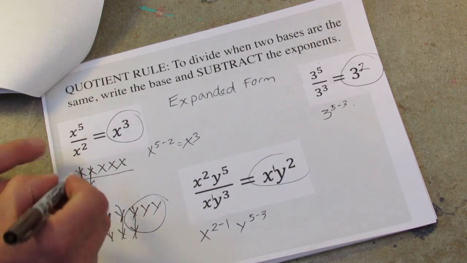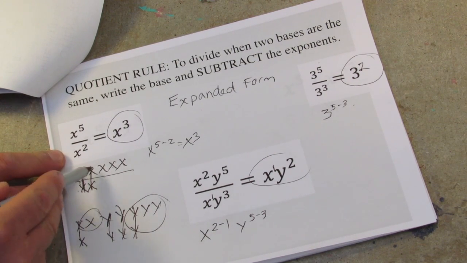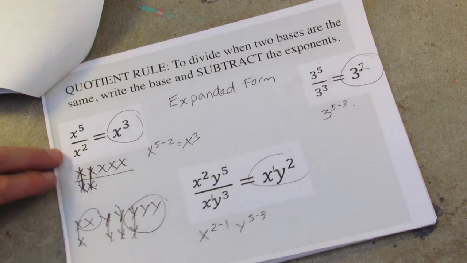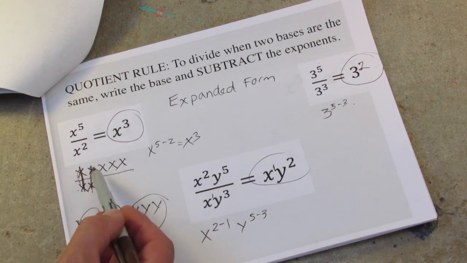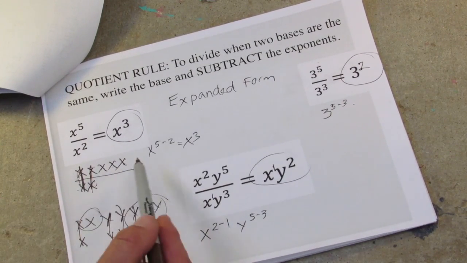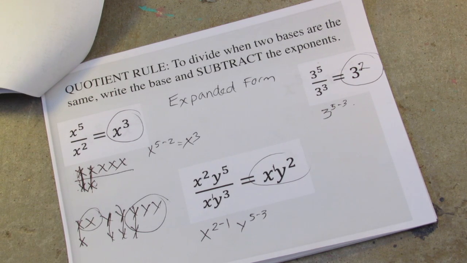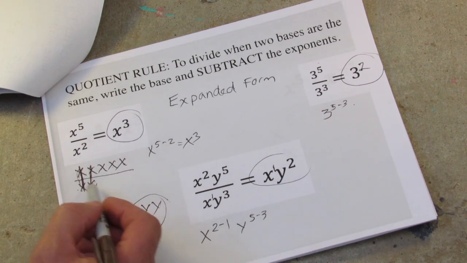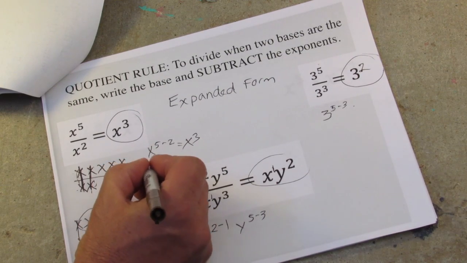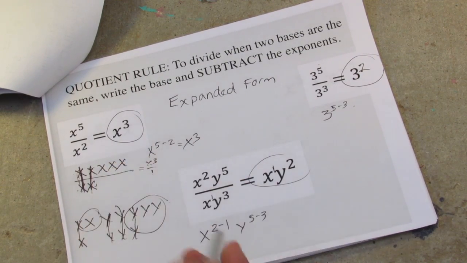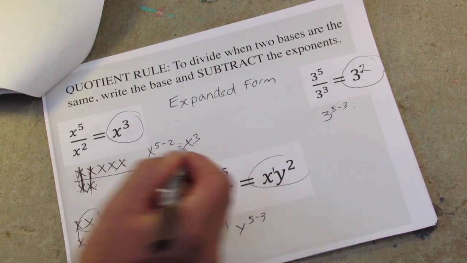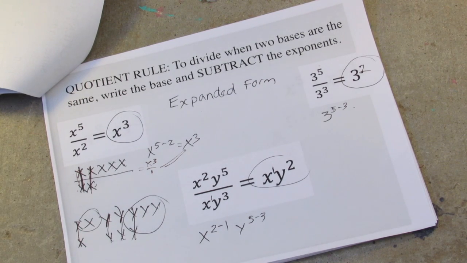So that's 1. And then another x over x also cancels out to 1, which leaves me with 1 times x times x times x in the numerator, and 1 times 1 in the denominator. So x to the 3rd over 1 equals x to the 3rd.